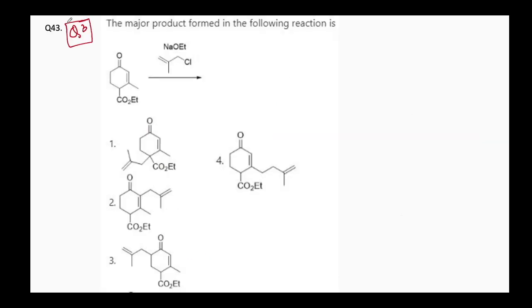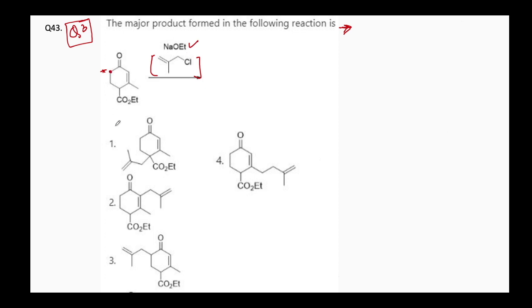Question number 3 now. The major product formed in the following reaction is. So once again, what is your point of view regarding this question? Try to solve it. You see that there is a base and there is an electrophile. The question is asking from which position the base is going to remove a proton.